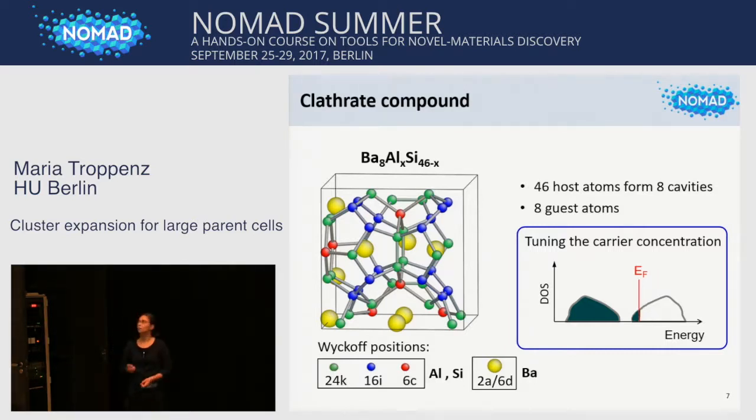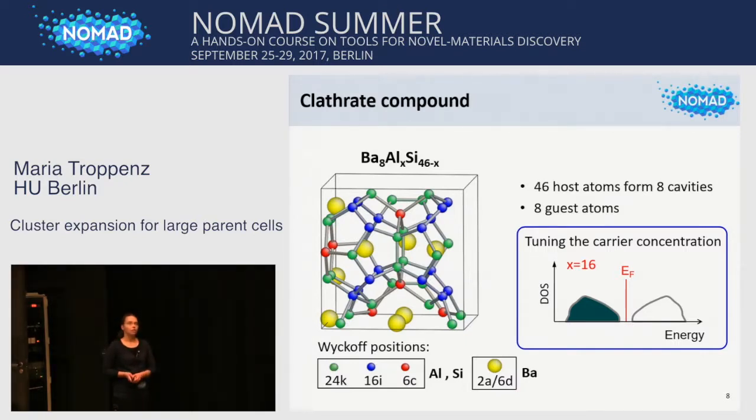These free charges can be compensated one by one by substituting the host structure with aluminum, and the number of free charge carriers gets reduced. One is expected to find a semiconducting behavior again if one has 16 aluminums inside the crystal, and this is called the charge compensated structure.